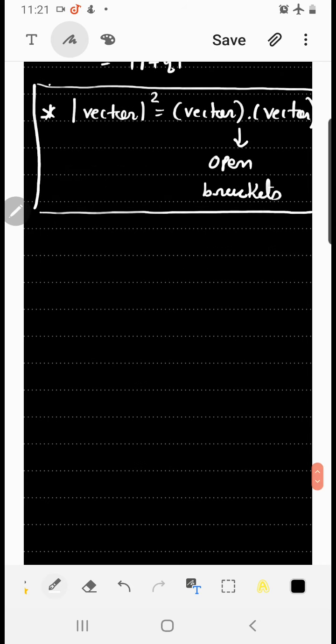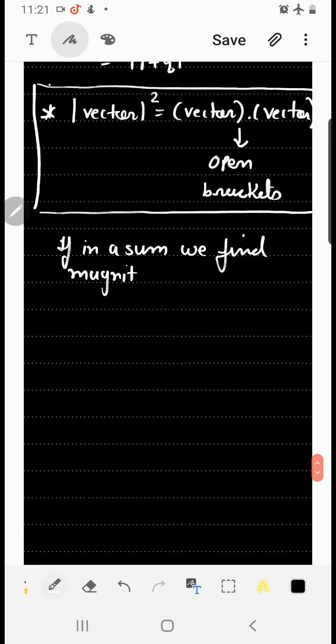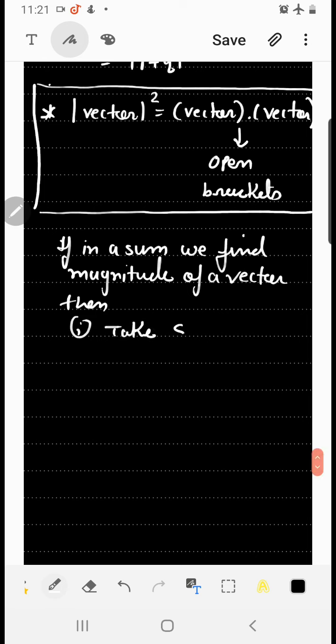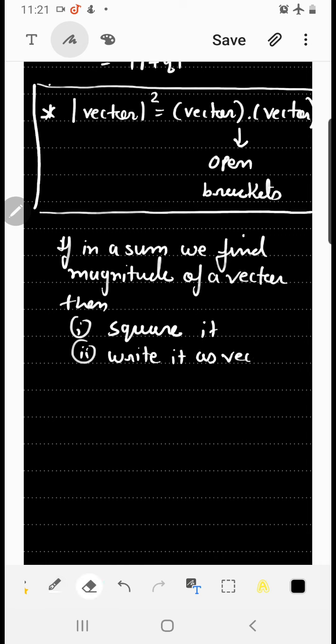So what I'm trying to say is that if in a sum we find the magnitude of a vector, then number 1, square both sides, and number 2, write it as vector dot vector.